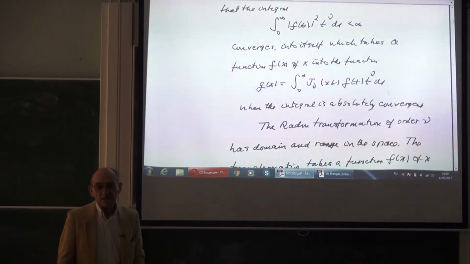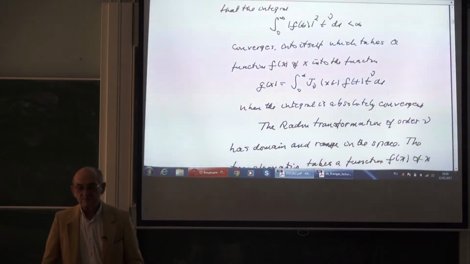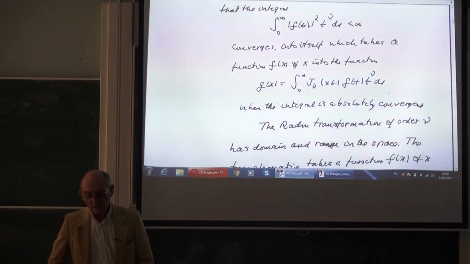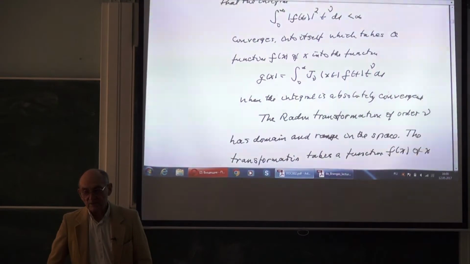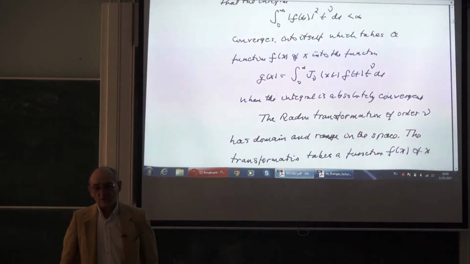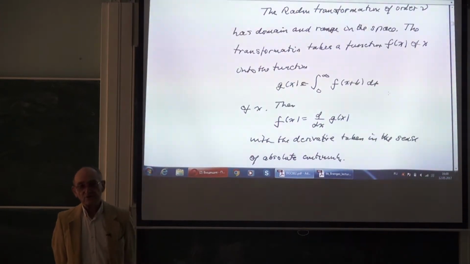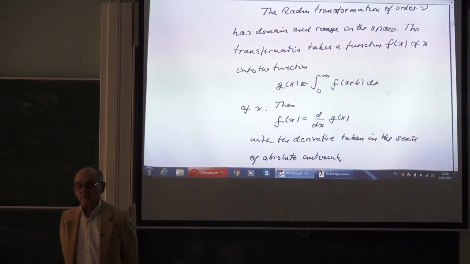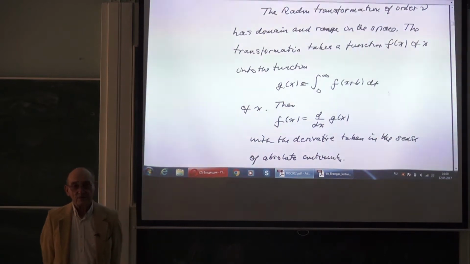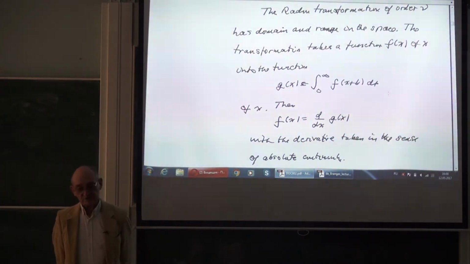Now, the Fourier analysis is done with the Radon transformation. Fourier analysis, according to Fourier, never uses the Fourier integral. He uses what's called a Laplace transformation.